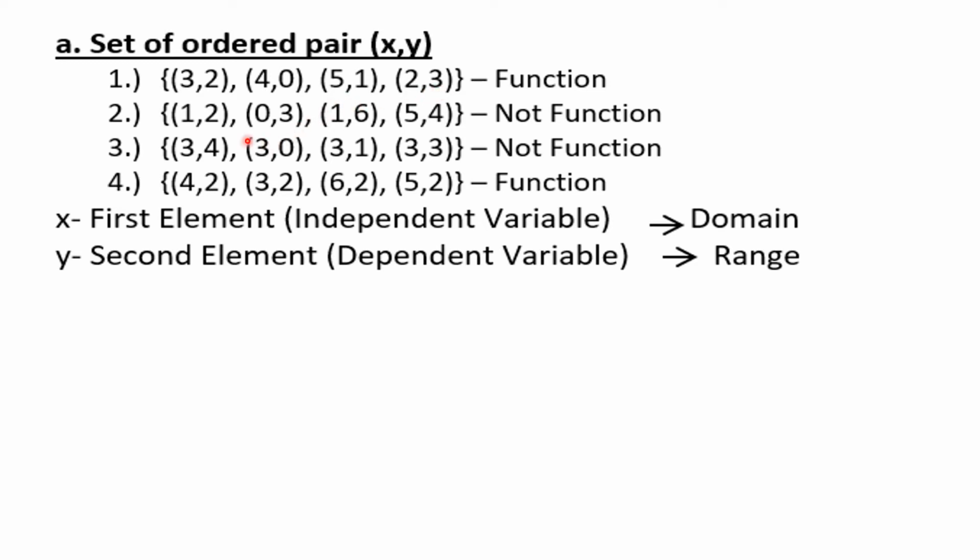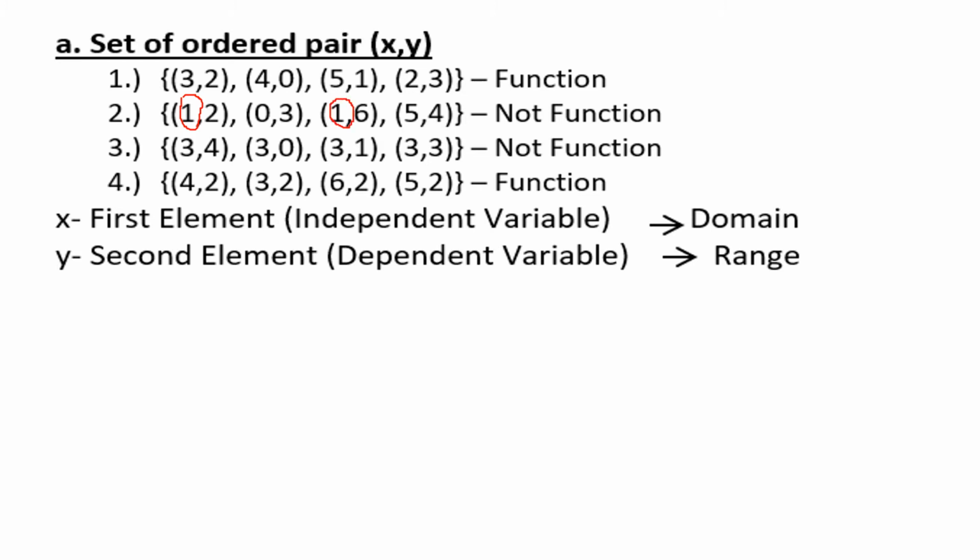Next, let's proceed to the second example. The input is 1, the output is 2. Then the input is 0, the output is 3. The input is 1, and the output is 6. The input is 5, the output is 4. So it is not a function. Why? If you notice, here we have the same inputs.